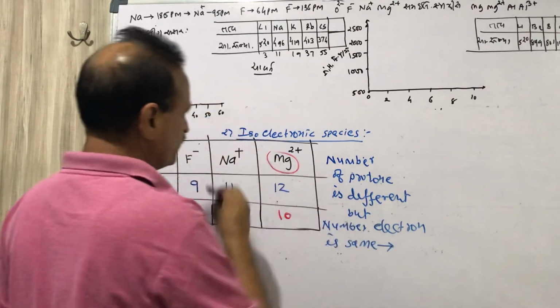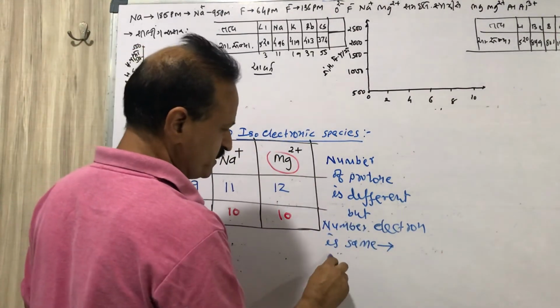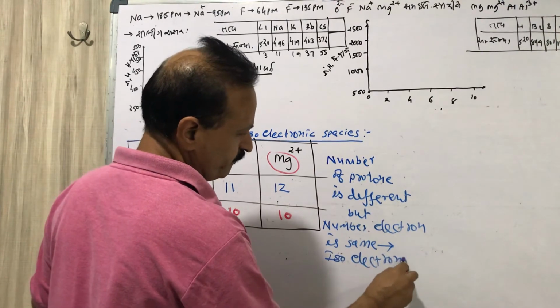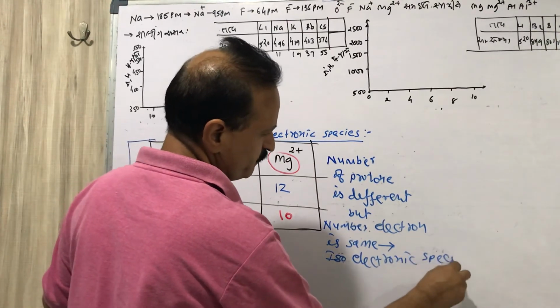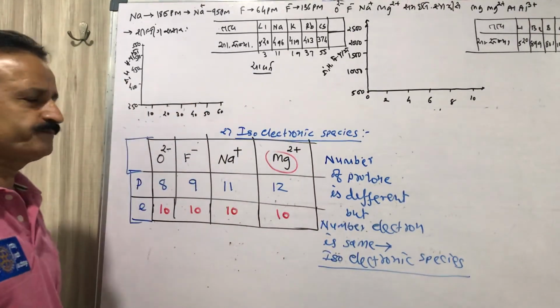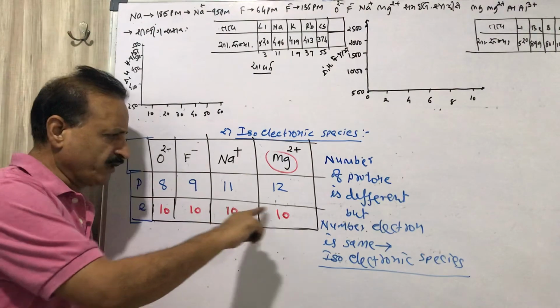Then it is said to be isoelectronic species. This is isoelectronic species. Isoelectronic species means the number of electrons should be the same.